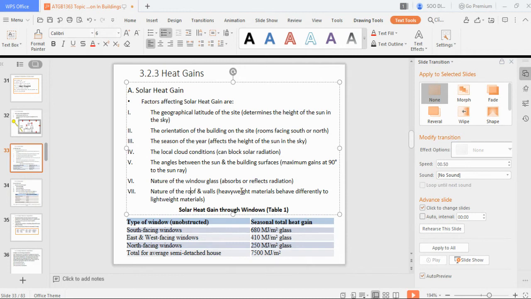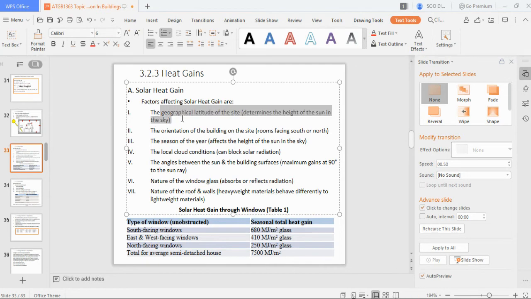So if you have more glass window or more transparent glass, you can actually reflect or absorb most of the solar heat from the sun. And also your material of your roof or wall. So depending on the choice of your material for your building, you can allow for more or less heat gain in a building.